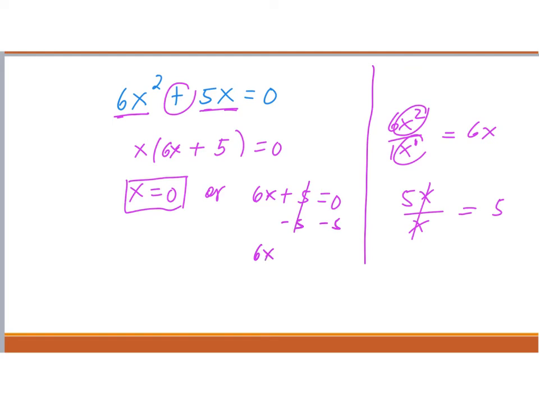We get 6x is equal to 0 minus 5, which is negative 5. Then we divide both sides by 6. This cancels out, and we get x is equal to negative 5 over 6, which is already a fraction in simplest form. So you can keep it that way. So that's the other solution. So the two solutions of this quadratic equation are x equals 0 and x equals negative 5 over 6.